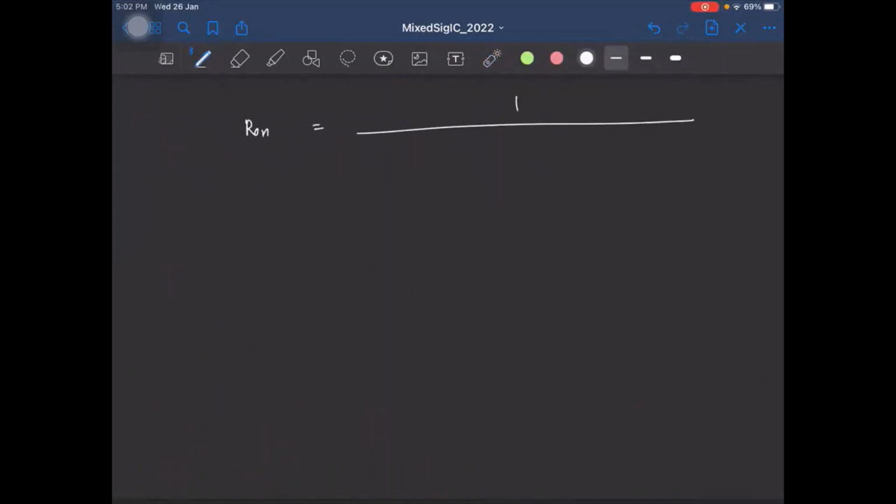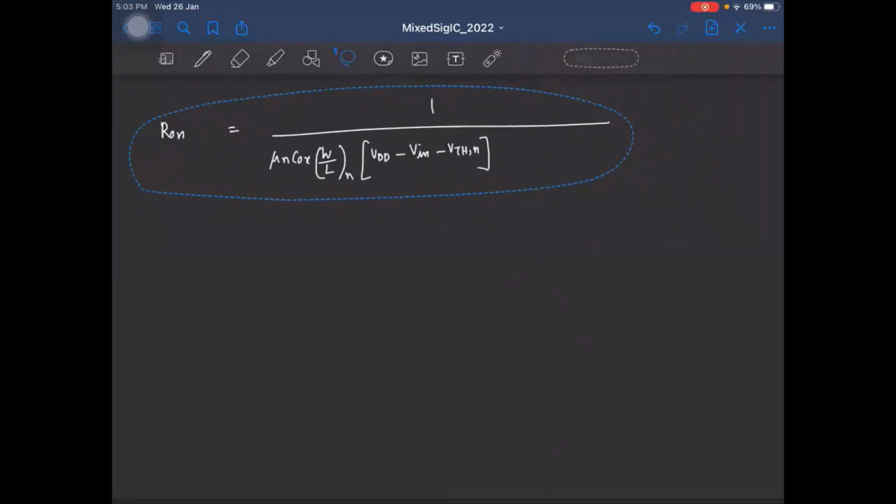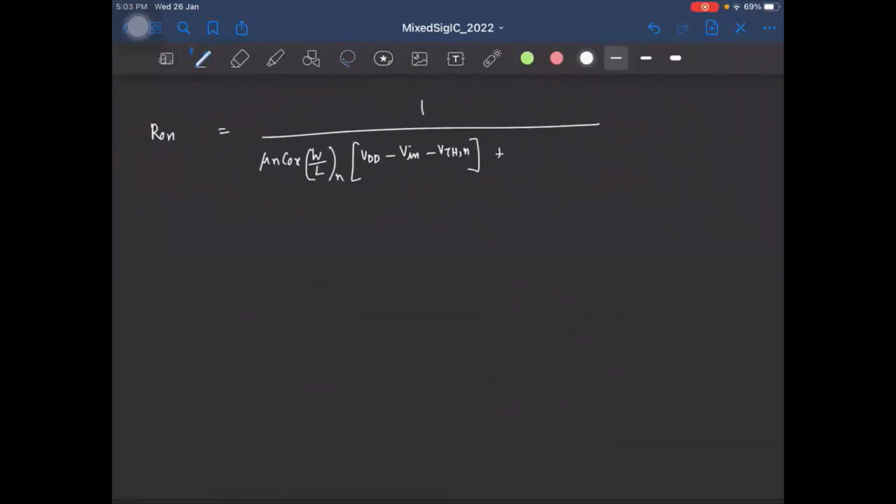So we'll put the two together. 1 by R on N is mu N Cox times W by L of the NMOS times VDD minus Vin minus VTHN. Okay, this is 1 by R on N. Similarly, we have 1 by R on P, which is mu P Cox times W by L of the PMOS times Vin minus mod VTHP.